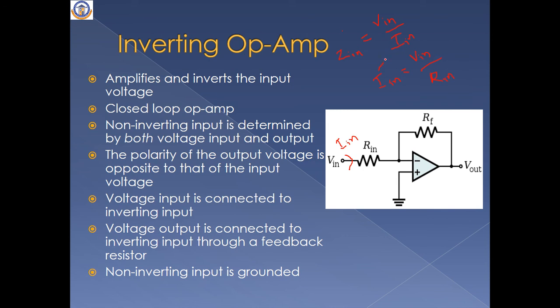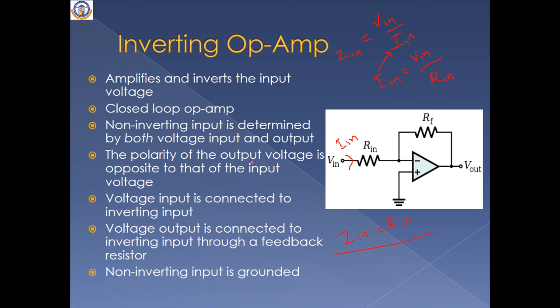If you substitute this I in into the impedance equation, you will get Z in is equal to R in. So if this resistance value is very low, then the input impedance will be low in the case of the inverting amplifier.